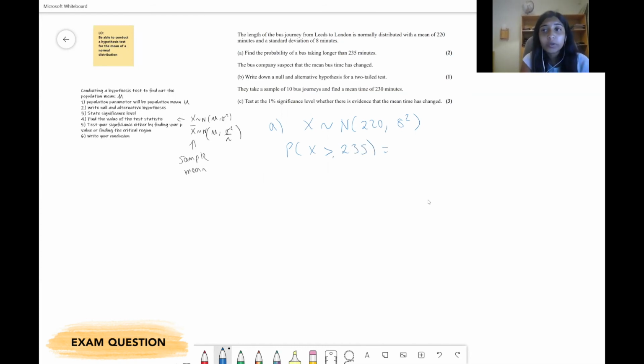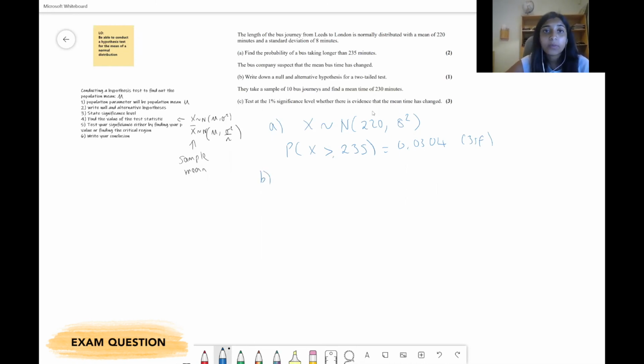So you go on to normal CD on your calculator. Your lower would be 235, your upper would be 1000, your standard deviation is 8, your mean is 220. That would be equal to 0.0304 to 3SF. So that's the answer to part A.